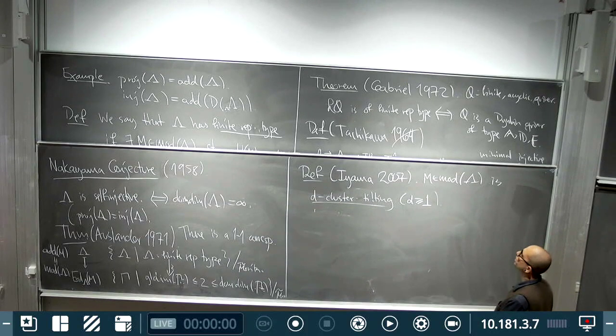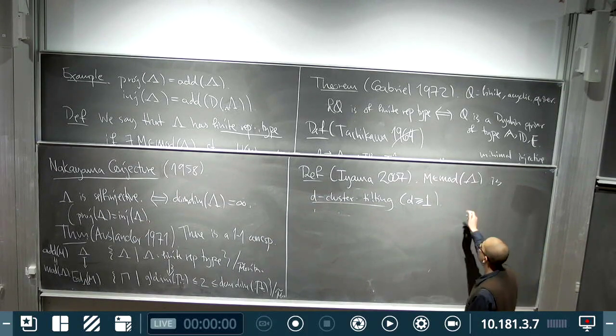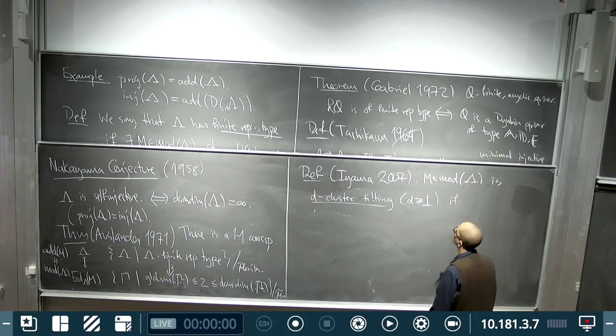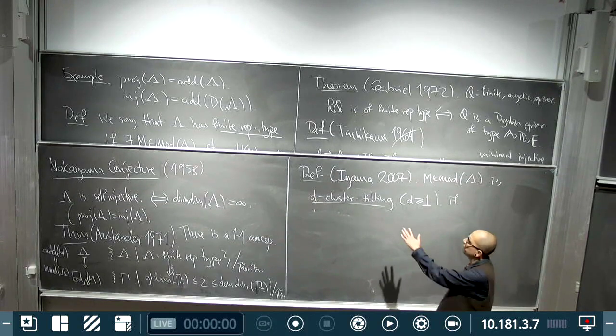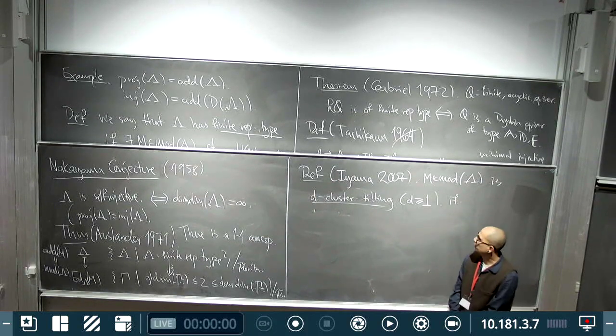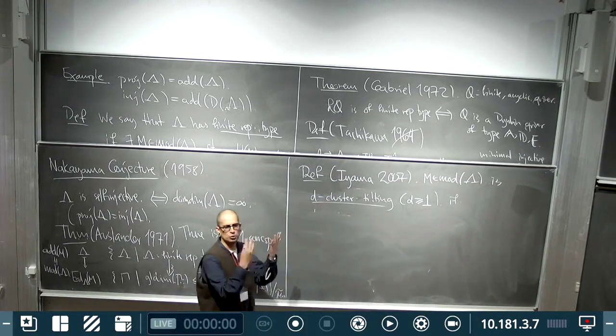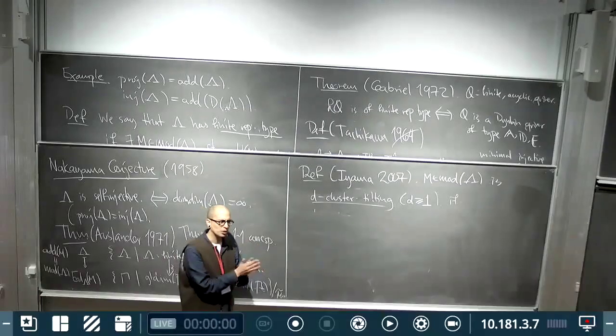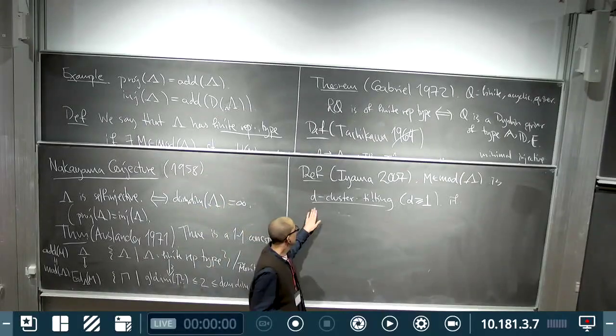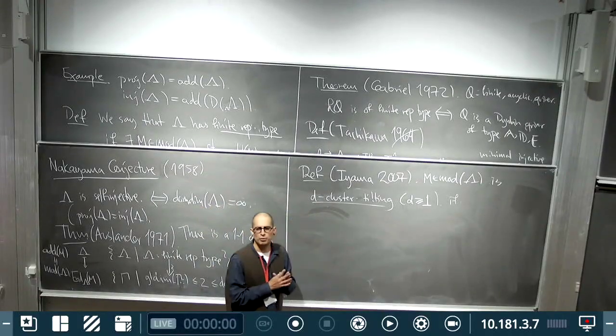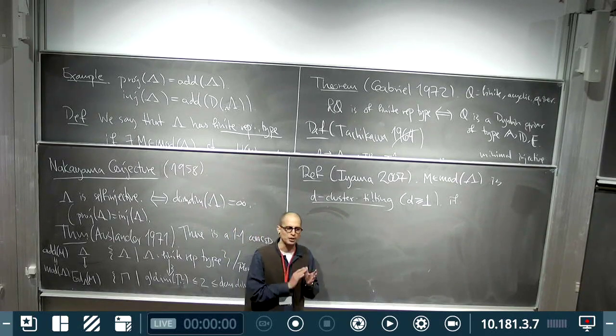So it is d-cluster tilting if the following statements hold. By the way, to avoid potential confusion, this name is a consequence of the history of the concept at the moment it appeared. It does not necessarily have a relationship with the theory of cluster algebras.